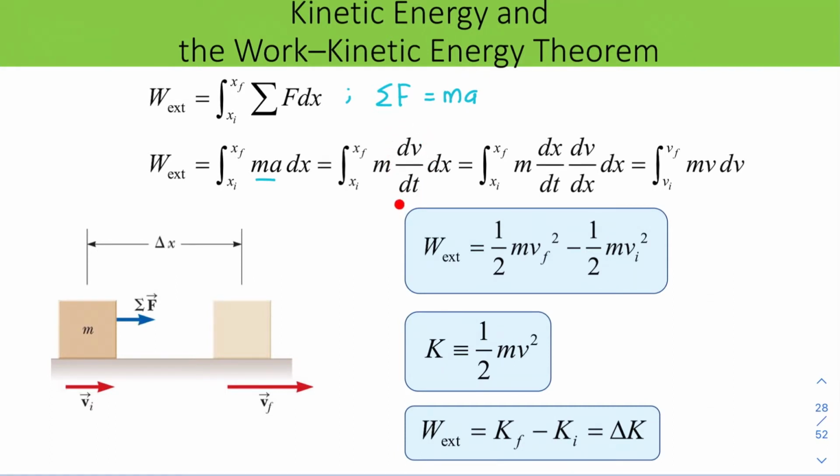Again, we multiply this function by dx over dx. Dx over dt is actually V, and we can simplify dx here.